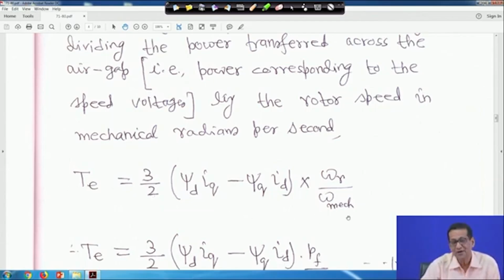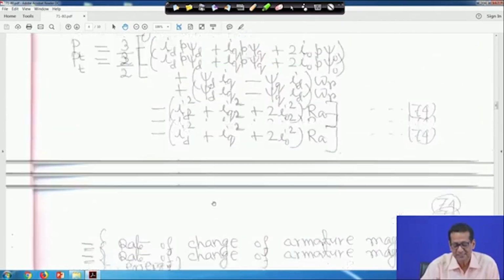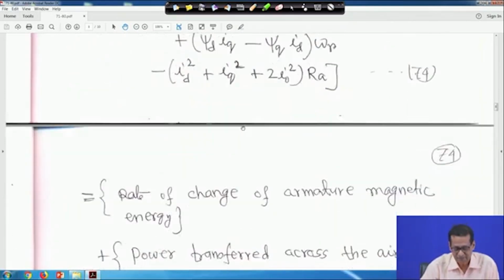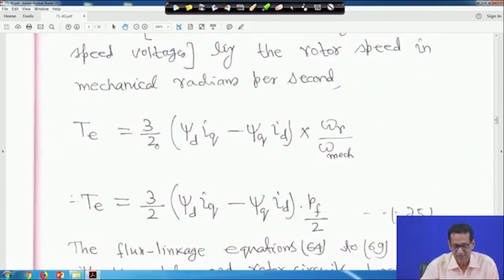So T into omega mechanical is equal to 3/2 (psi d Iq minus psi q Id) omega r. That means this second term is my torque equation.